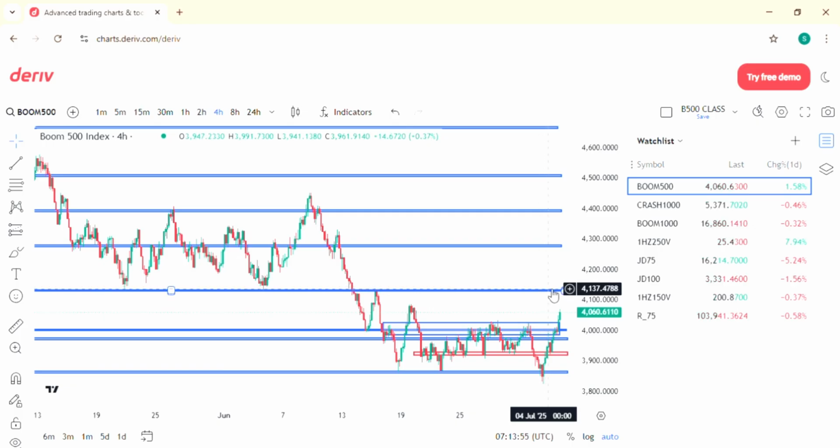So when it gets to this zone, you could close your trade to watch out what it's going to play next, because this is not going to happen in 1 minute or 5 minutes or 10 minutes. Okay, you could close your trade at this next resistance zone and watch what price is going to do here.